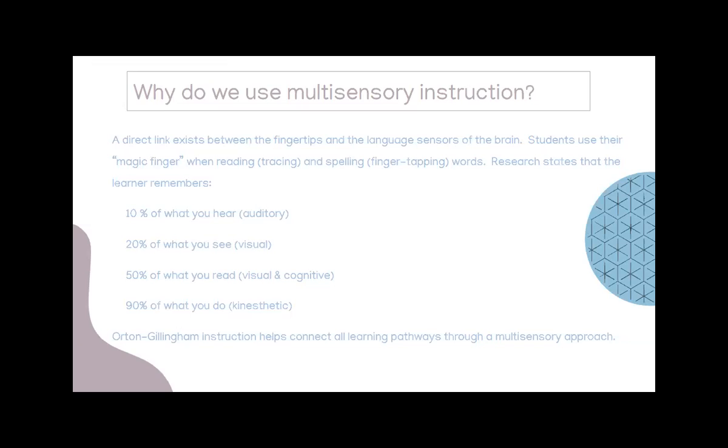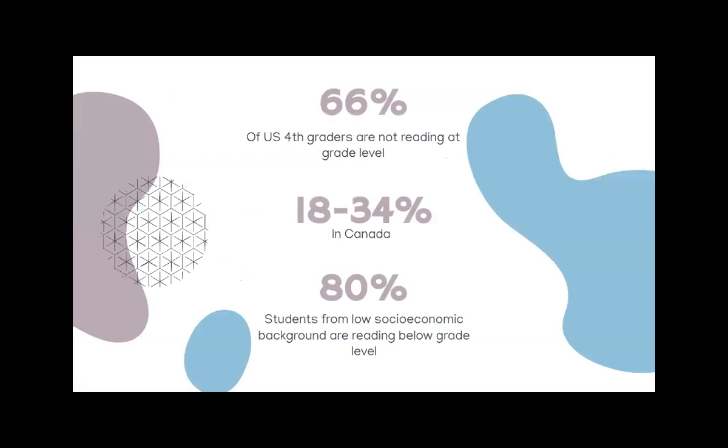If you look at this slide, it explains that you will remember 10% of what you hear, 20% of what you see, 50% of what you read, and 90% of what you do. So if we can combine all of that, it helps to connect all of our learning pathways through that multisensory approach, which is why when we're planning for work with our students, we want to incorporate as many of these different sensory experiences as we possibly can.